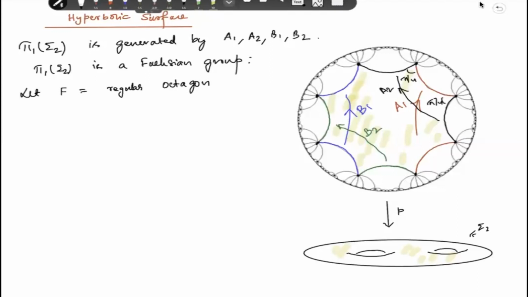So this is a closed region. So what is this F? This is this octagon, and take the interior of this octagon also. And the claim is, this F is a fundamental domain.